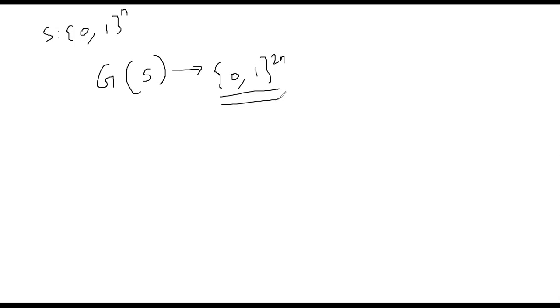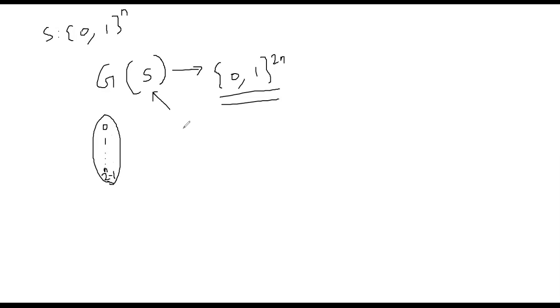Let's assume for a moment the generator is like a 1-1 function. How many possible values are there for S? Well, S can be starting from 0 all the way to 2 power n minus 1. That means there are only 2 power n possible values for S. So imagine your seed set: it can be 0, 1, all the way up to 2 power n minus 1, which means there are 2 power n possible values in your seed.